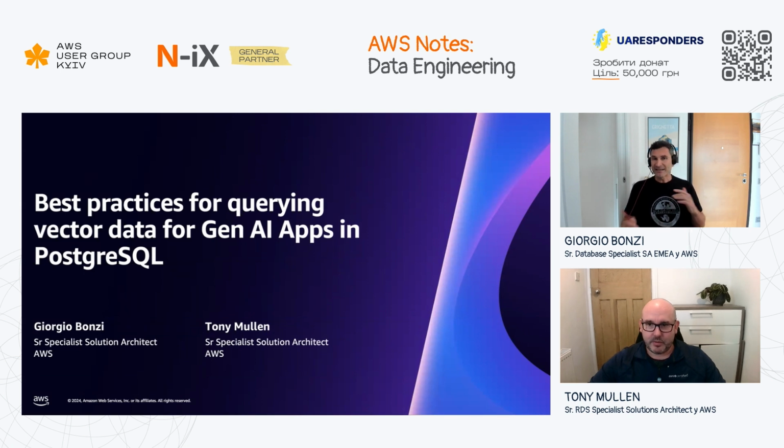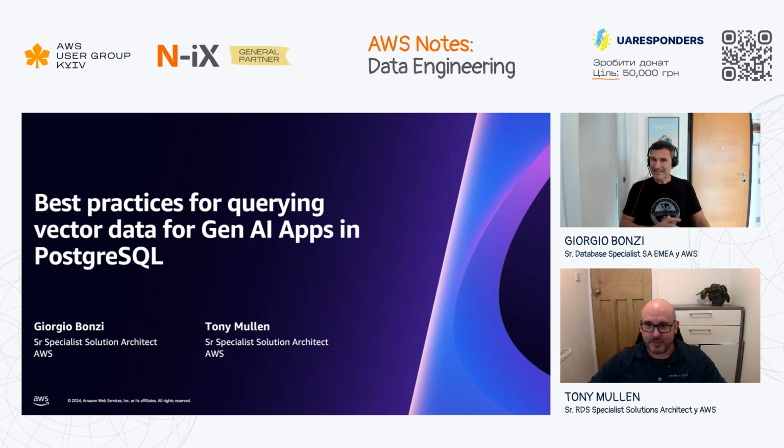But I'll start by quickly introducing myself. My name is Giorgio Bonzi. I'm a database specialist solutions architect, and I'm part of the EMEA team. We are focused on fully managed relational database services, so RDS and Amazon Aurora specifically. And today I'm here with Tony.